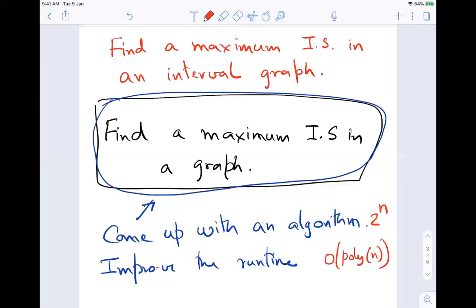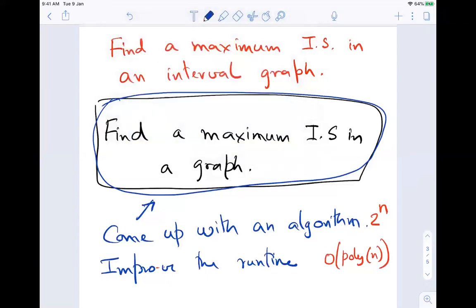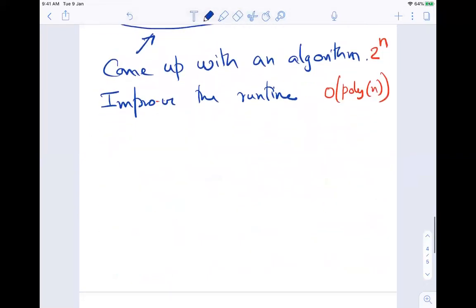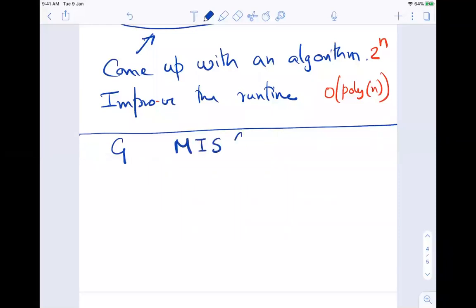Now, if I have to quickly explain another thing, somebody was pointing out cliques. So I have this graph G, and I have the maximum independent set of this graph G. Somebody told me to look at the graph complement, G bar.